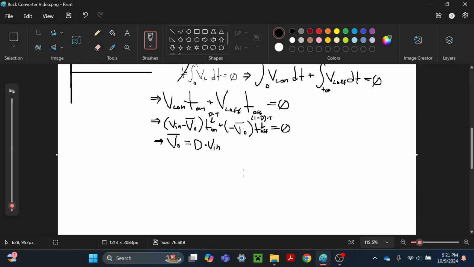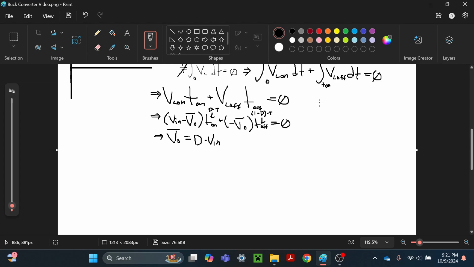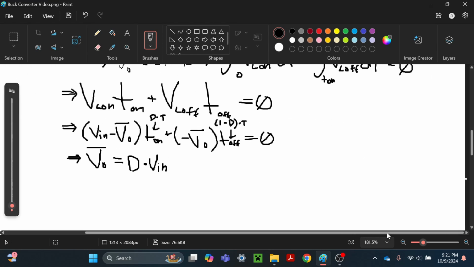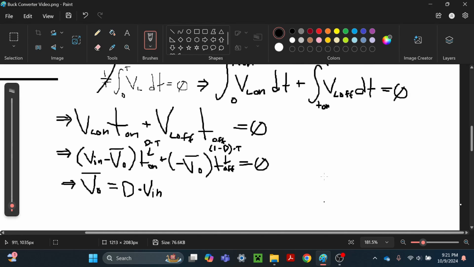So basically continuous conduction mode is going to be when the output current is always positive value. So in continuous conduction mode, the output current is going to look like this, right? This is I out, T. This is T. And this is continuous conduction.